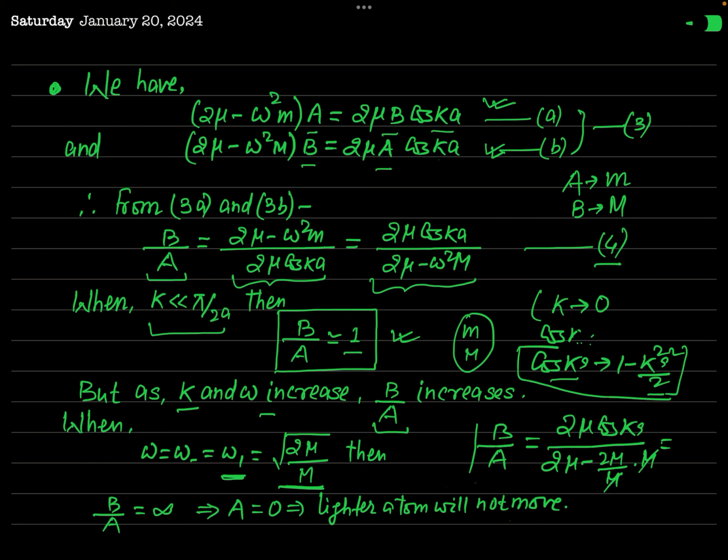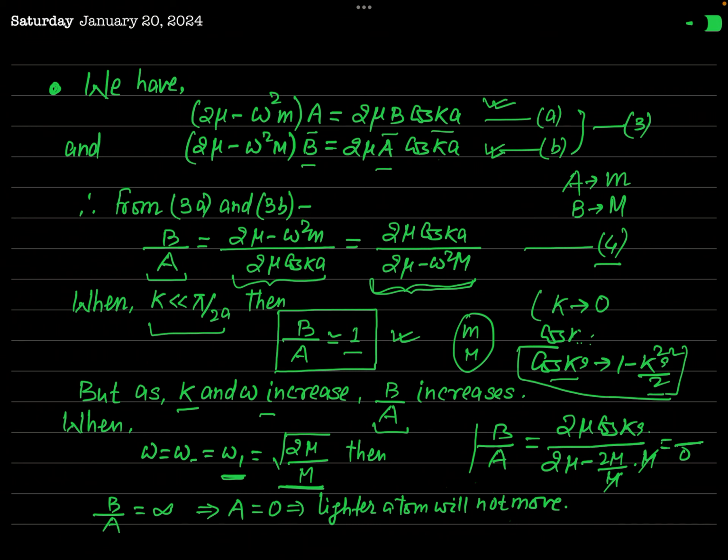So when you divide 2 cos ka, which is non-zero, by 0, you get infinity. So b over a in this condition will be infinity. Mark it, I have used the second expression for b by a, not the first.